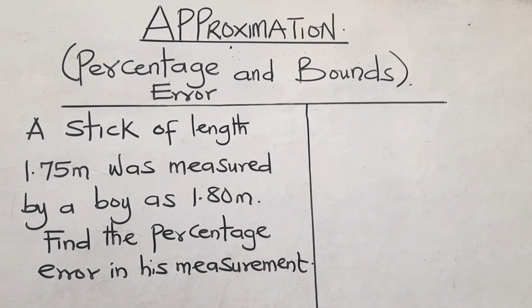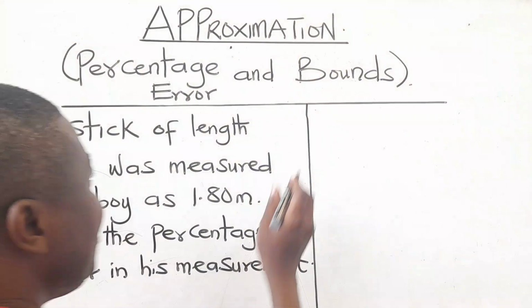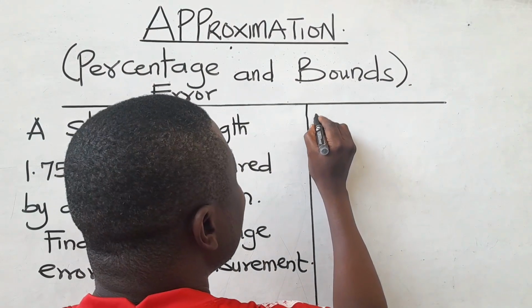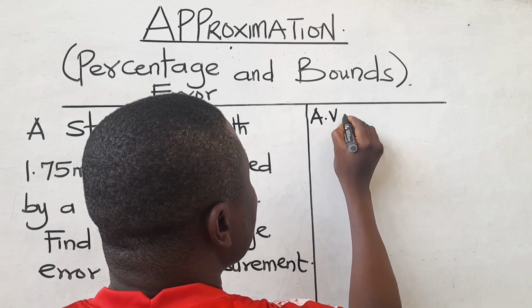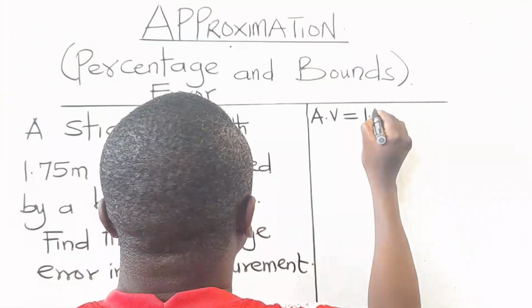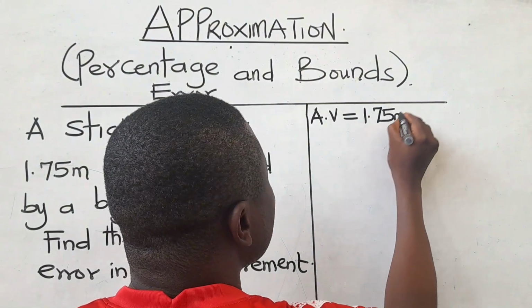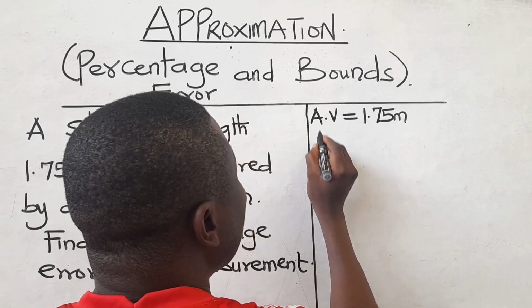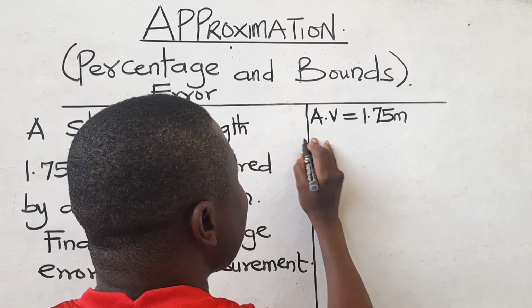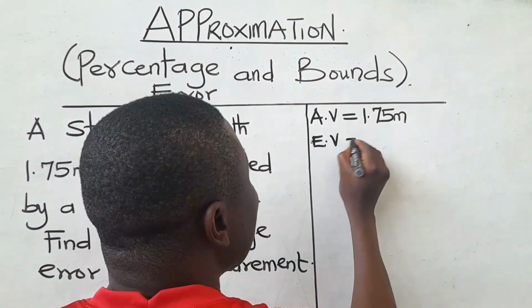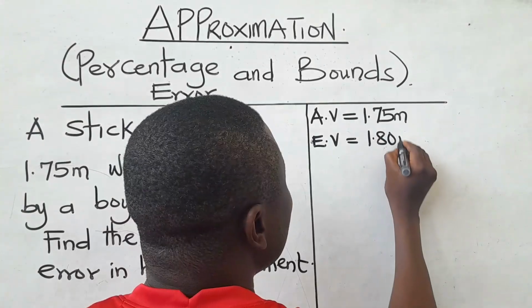Now, to get the percentage error, simply we put this. We know the actual value is 1.75 meters and the error value is 1.80 meters.